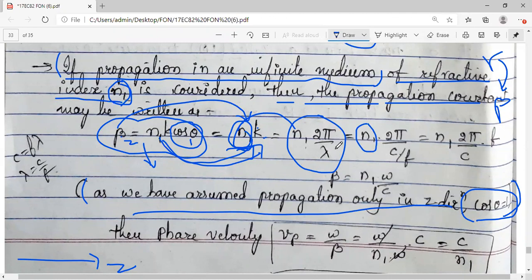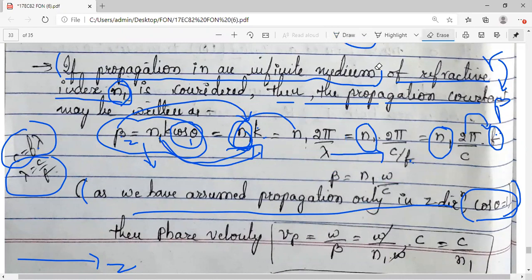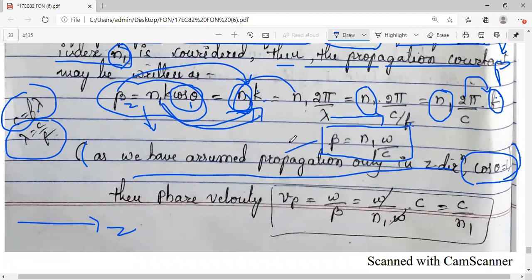Now in the next step, for lambda I have substituted c by f. So c equal to f lambda, or lambda is equal to c by f. Then keeping n1 as it is, f which is in the denominator I have taken to the numerator, and clubbing all this together, 2 pi f. 2 pi f is nothing but omega. So what finally you got is beta, the propagation constant, equal to n1 into omega by c. So this is beta term.